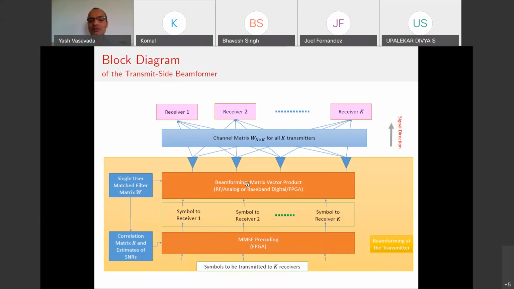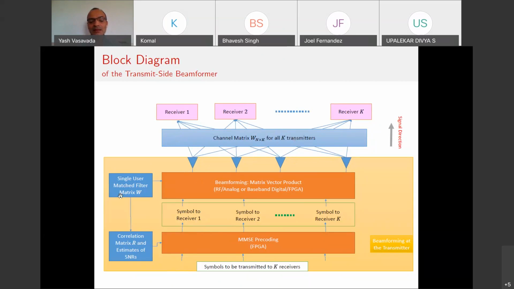Then all we do is pass these QPSK, QAM, etc. symbols to the single user matched filter. And then that goes out in the space. That is what we transmit from these different antennas. And so now the direction of these arrows has also reversed.